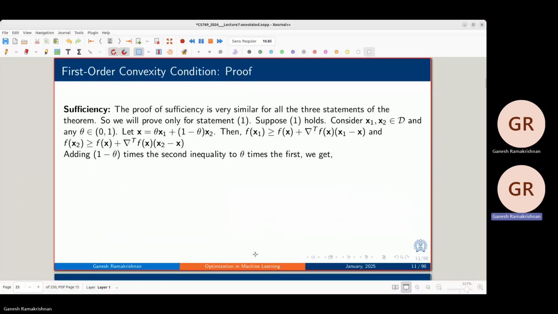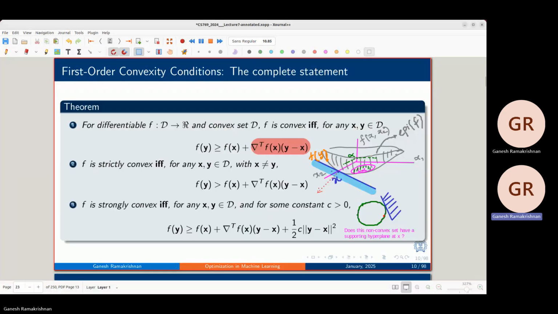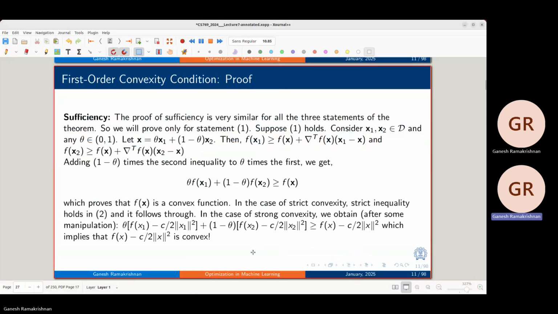I just want you to recap. What is the case of strong convexity? Everything is the same, except that you have plus 1/2 c norm of y minus x squared. So imagine I do all this substitution. I put y as x1, y as x2, and x equal to theta x1 plus 1 minus theta x2. I'll have some quadratic term sitting around.